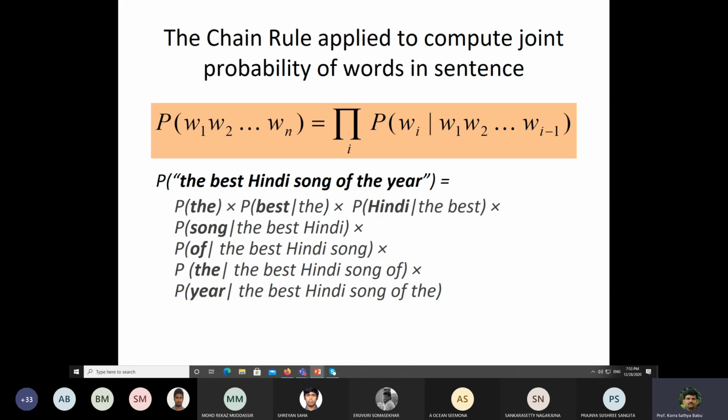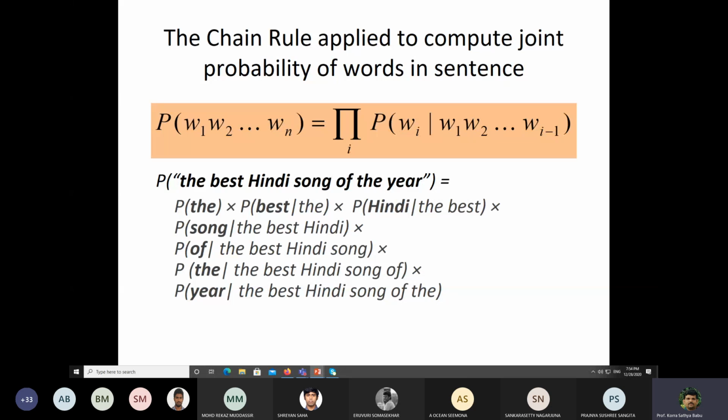into the probability of the fifth word being "of" given the first four words in the sequence are "the best Hindi song", into the probability of the sixth word being "the" given the first five words are "the best Hindi song of", into the probability of the seventh word being "year" given the first six words occur in a sequence as "the best Hindi song of the".